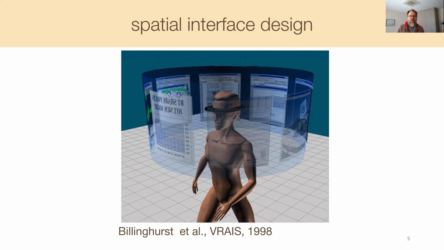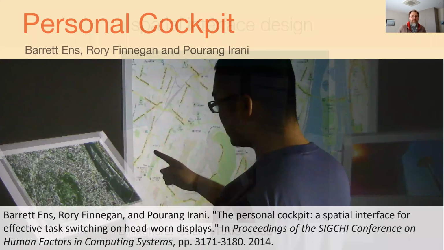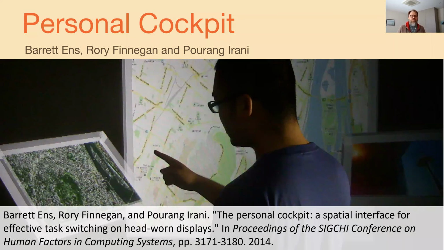At the time, mobile devices and smartphones were becoming popular, and multitasking became a thing, and there was overhead in switching tasks on a mobile device. This work shows how great it would be if you could just have these applications floating around and move from one to the other simply by moving your head around in space. This became the topic of a project I did called the personal cockpit.